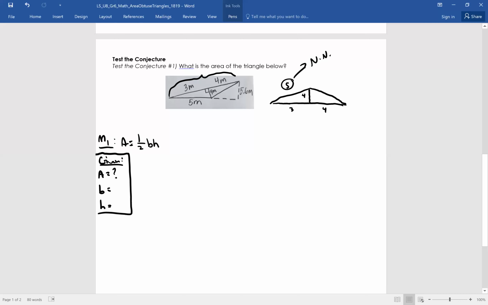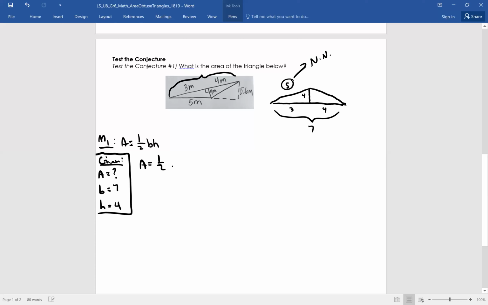So let's go ahead and figure out what we need to do here. All right, guys, so we're given that the base is 3 plus 4, which is 7, okay? Our height is going to be 4. You guys got that?